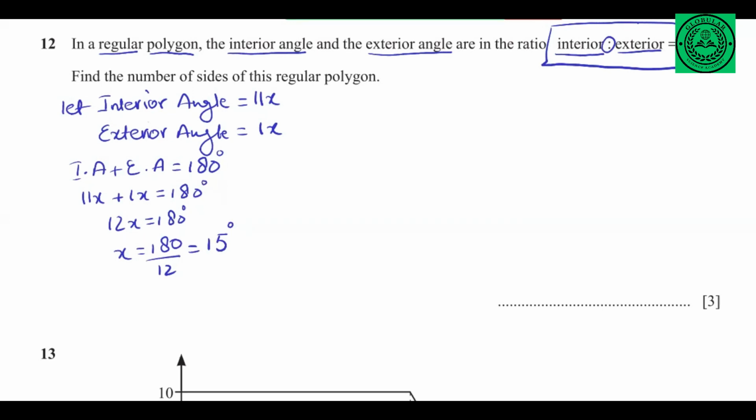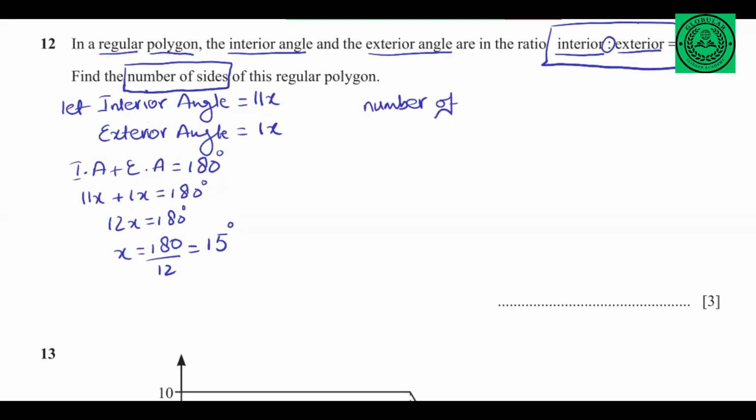Using the second point, in order to know the number of sides, we haven't reached that yet, as we are basically interested in finding the number of sides. So how are we going to find the number of sides? The sum of exterior angles of any polygon turns out to be 360 degrees.